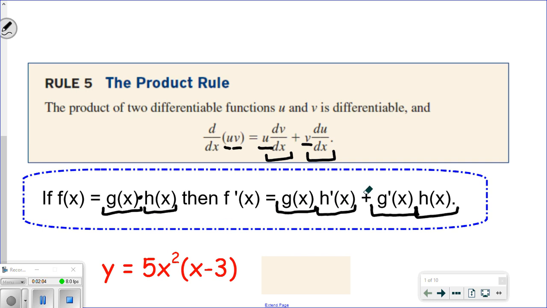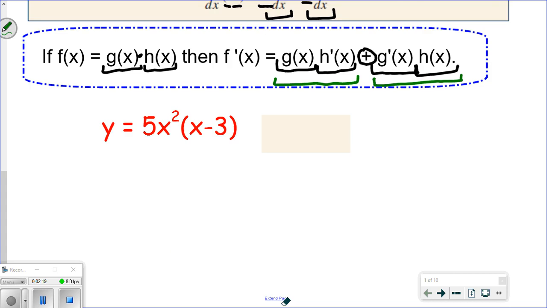So notice that they're being added. So technically, you can actually switch this whole first piece with this whole second piece. They're interchangeable, so you can put them in either order, however you prefer to do this problem. But I almost always do it in the order that's given right there.